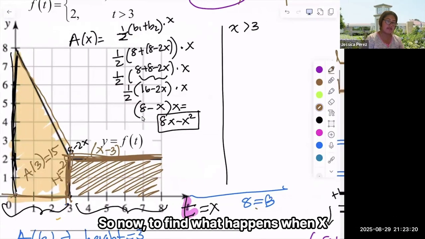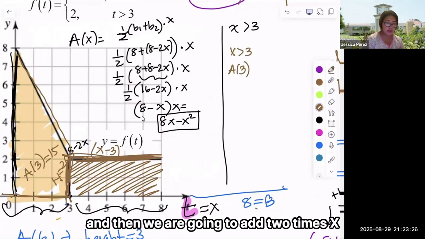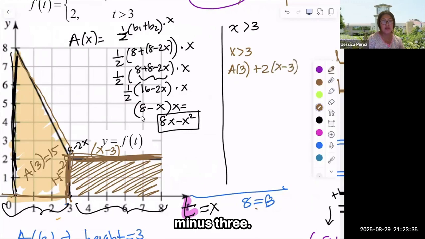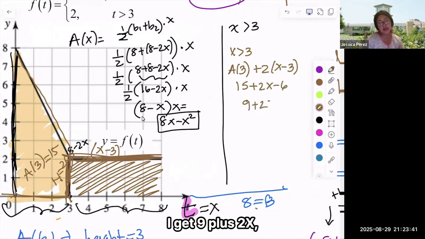So now to find what happens when x is greater than 3, you have to take A of 3, and then we are going to add 2 times x minus 3. So A of 3 is 15 plus 2x minus 6. I get 9 plus 2x.